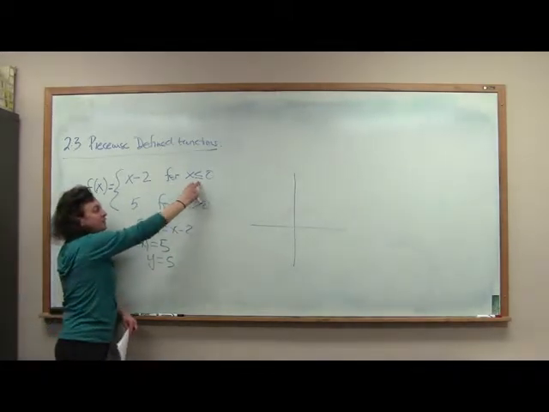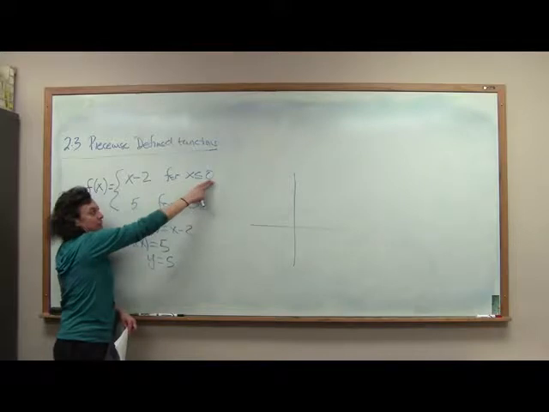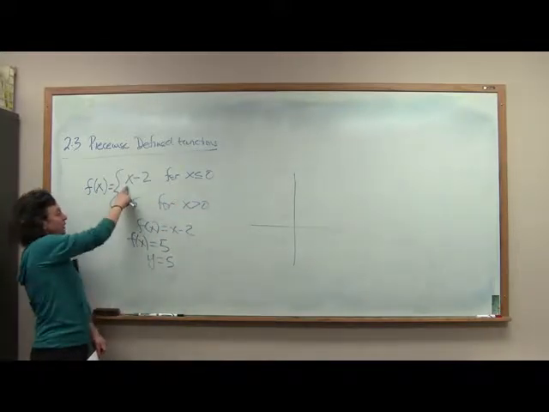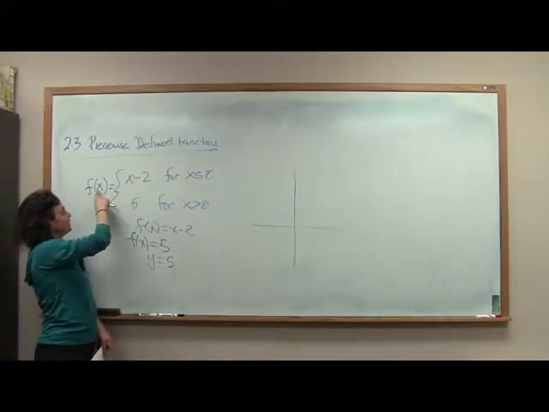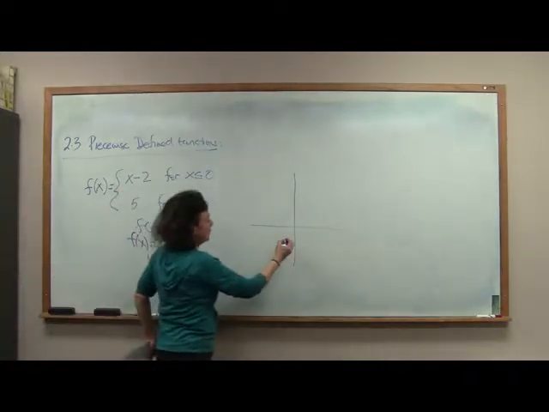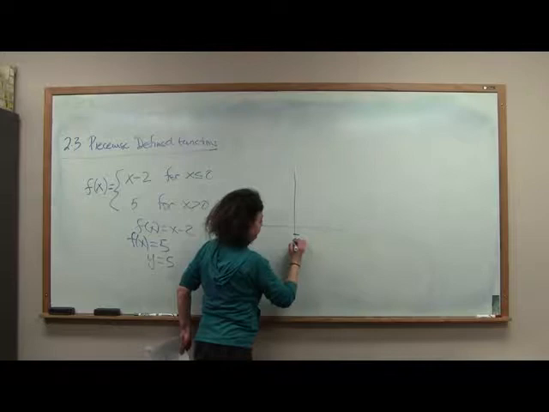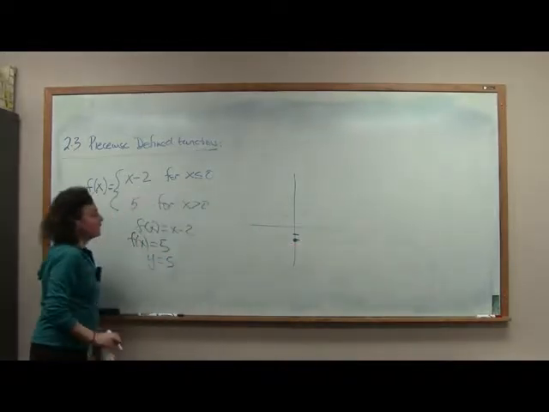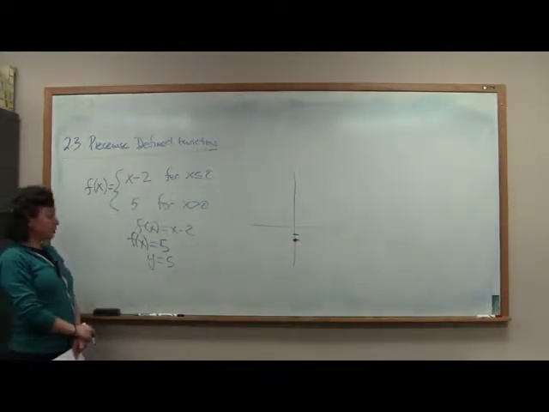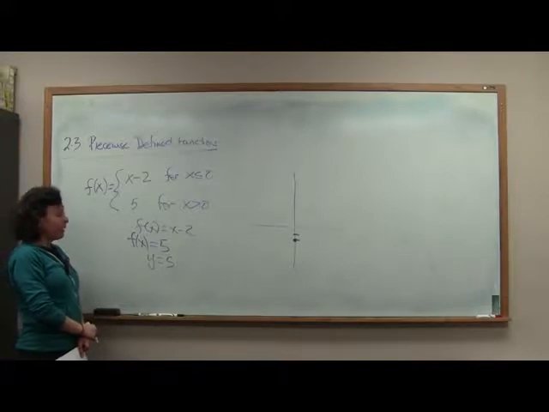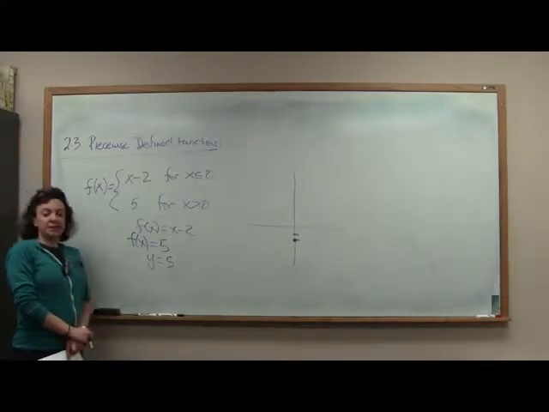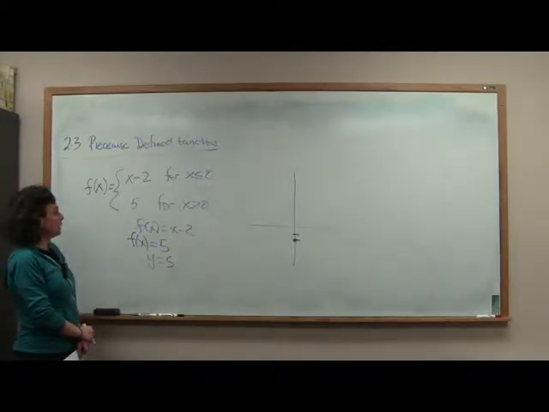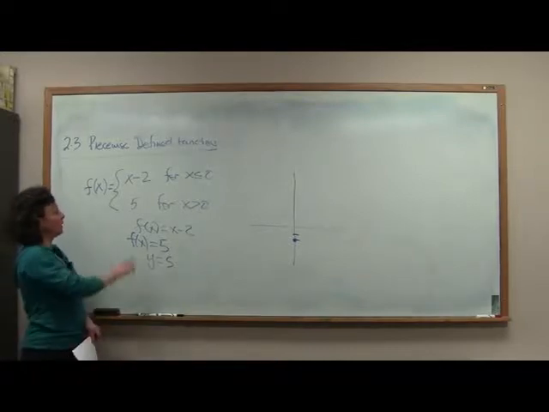Now, I always start at that endpoint here at 0. Do you agree that for x equals 0, well, I would get negative 2? Okay, now another value that I'm going to plug in, it really doesn't matter, we could plug in, say, negative 1.